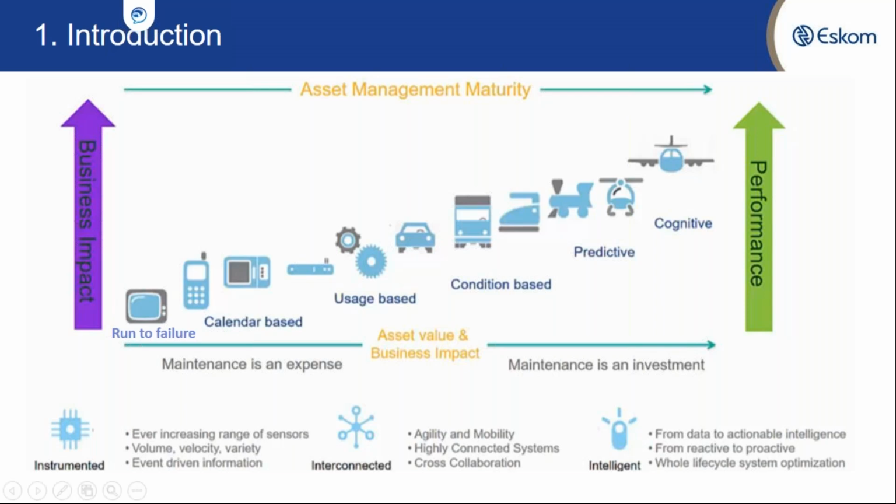So the higher you are on this graph in terms of the dominant maintenance approach that you apply within your organization, the bigger is the positive impact to the business's overall improvement towards achieving its objectives.